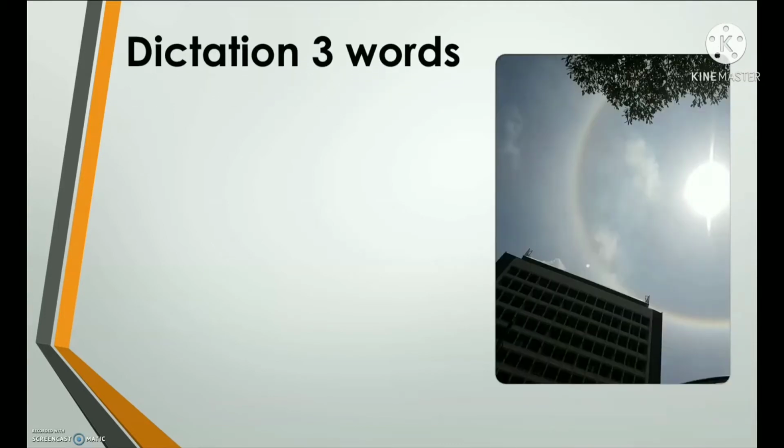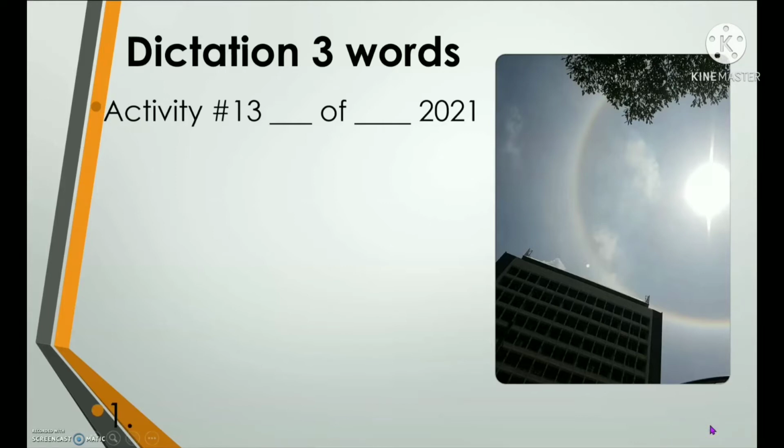Now let's do our dictation of 3 words. Bring out your paper or your notebooks and write as follows. Don't forget to write your name. Let's begin. Number 1. Spell the word blurry.